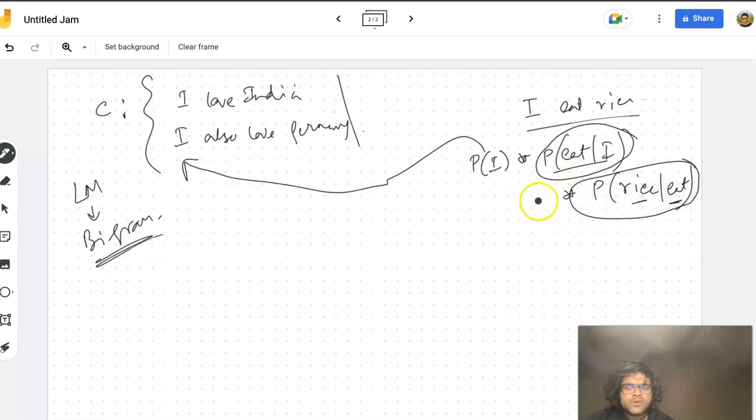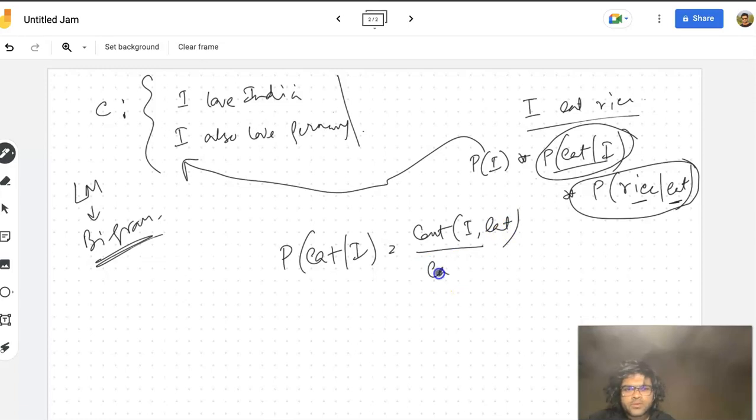If we go straightforward with the previous formula, the probability of eat given I is the count of I eat divided by the count of I. You will find this is 0, because even though I appears in the corpus, the count of I eat is 0.